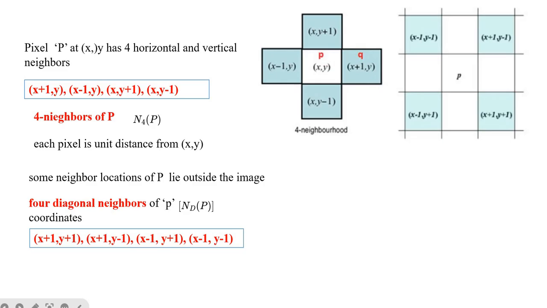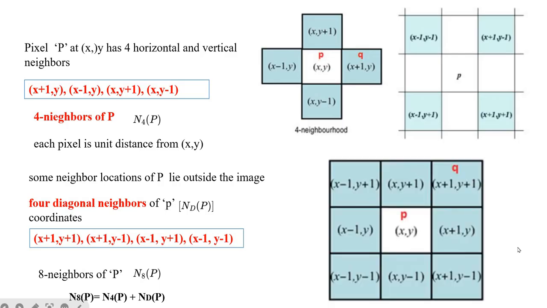This was the 4 neighborhood, and this was the 4 diagonal neighbors, or 4 diagonal neighborhood. Now comes the 8 neighborhood, that is the 8 neighbors of P. Now this is our P, and these are the 8 neighbors of P. That is, it is the combination of the 4 neighborhood along with the diagonal neighborhood.